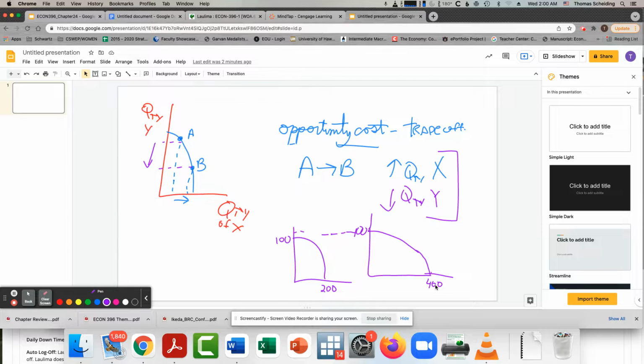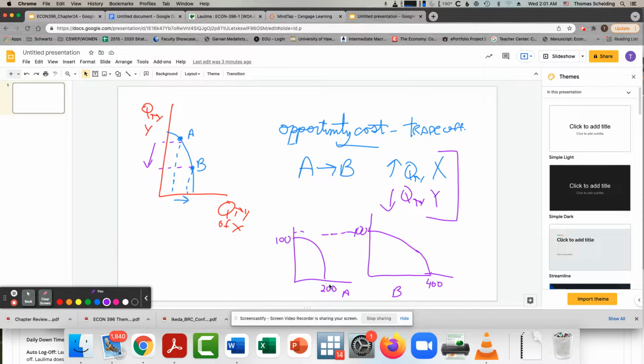The slope is changing along the curve, but on some level, you can see that country B's trade off or opportunity cost is different than country A's.